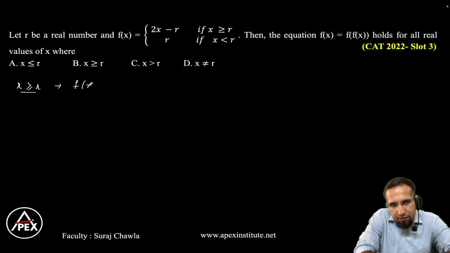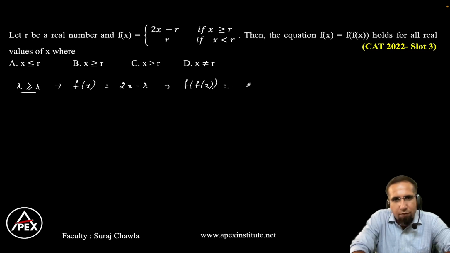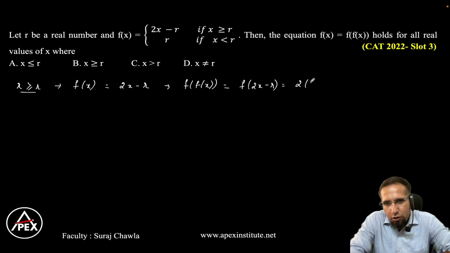So let's try to look at x is greater than or equal to r. So what is f of x? f of x is equal to 2x minus r. So what will be f of f of x? f of f of x will be f of 2x minus r, which will be 2 into 2x minus r, which will be 4x minus 2r minus r, that will be 4x minus 3r.